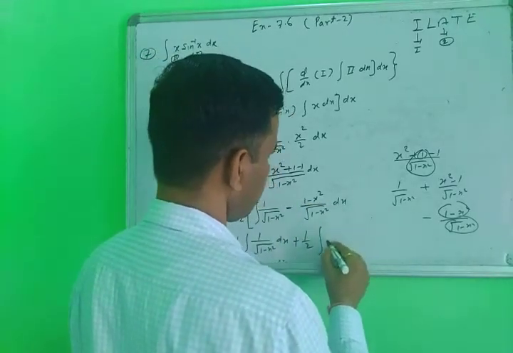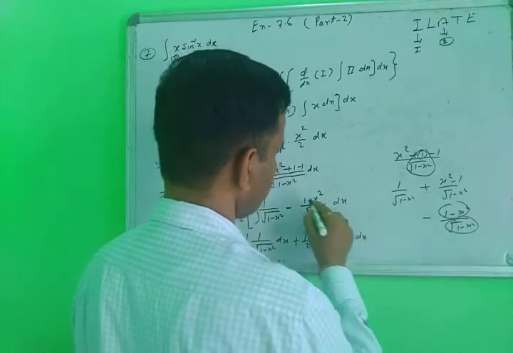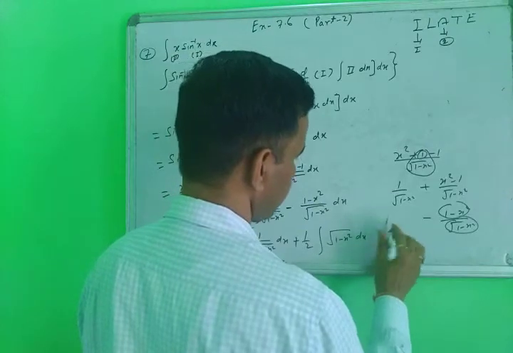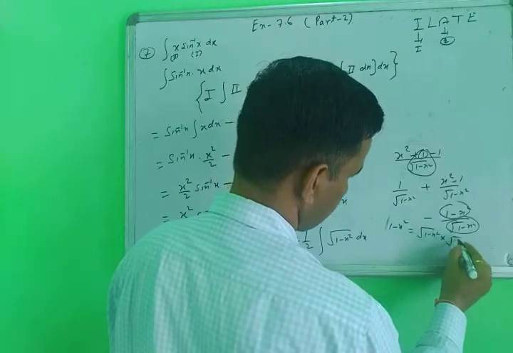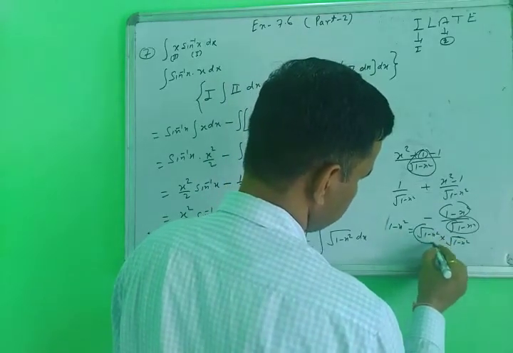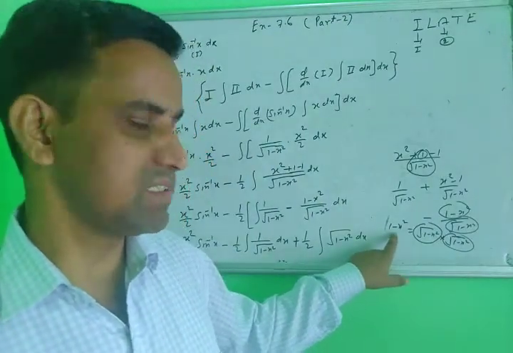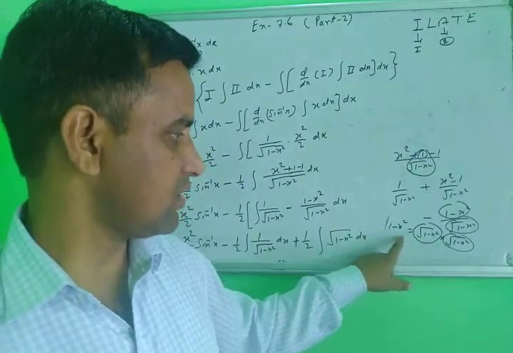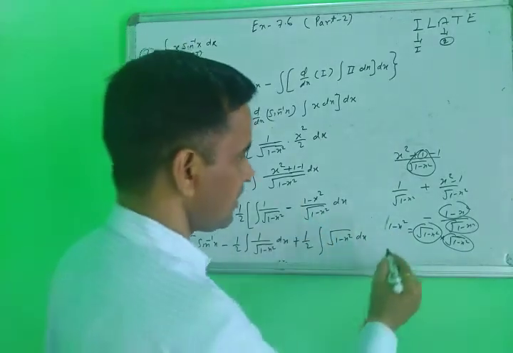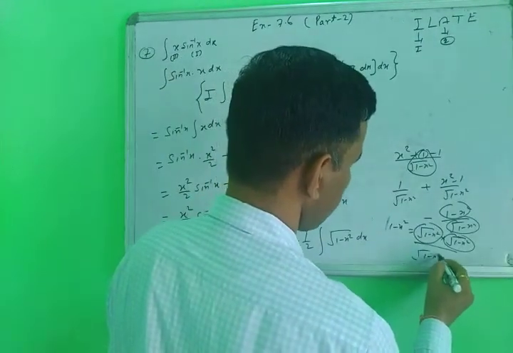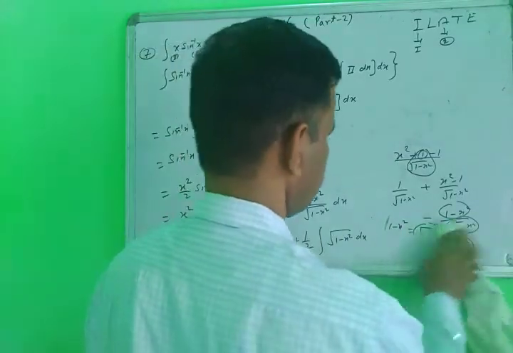So this will be root 1 minus x square dx, because you can break 1 minus x square into root 1 minus x square times root 1 minus x square. If you multiply both functions, the result comes as the whole square of this. Then half is divided by 1 minus x square, this cancels, and one is left. So note this down.